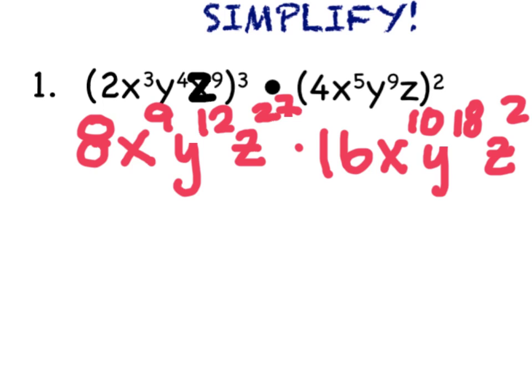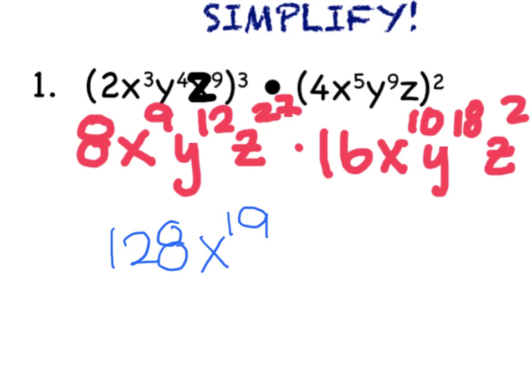Alright, now I'm going to use my product rule. I'm going to multiply my coefficients. 8 times 16, I'm going to get 128. Then I'm going to multiply x to the 9th times x to the 10th. That's going to give me x to the power of 19.